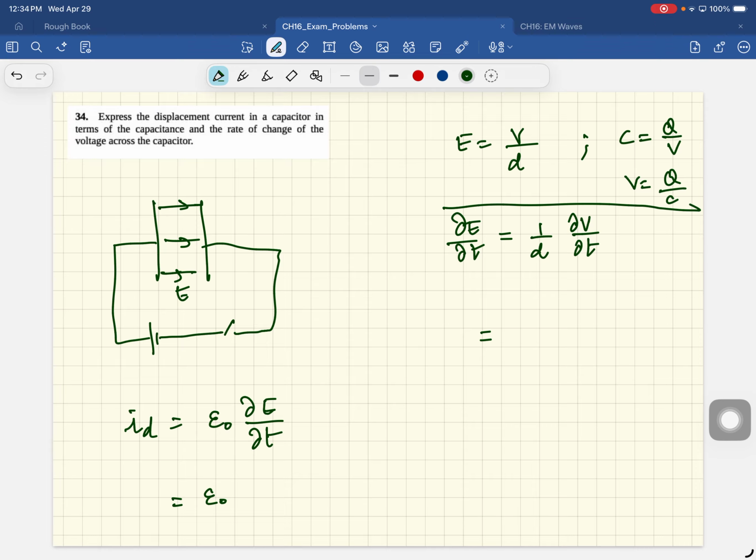All right, so the displacement current is epsilon naught times 1 over d del V by del t.